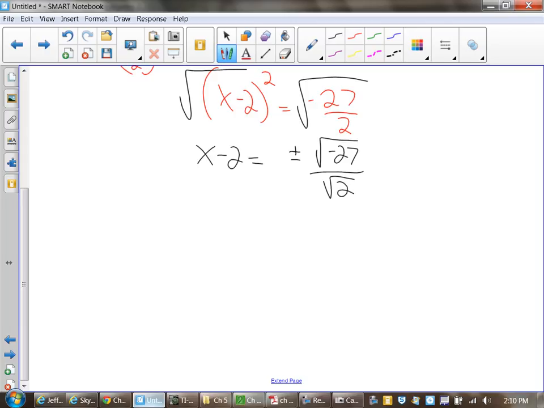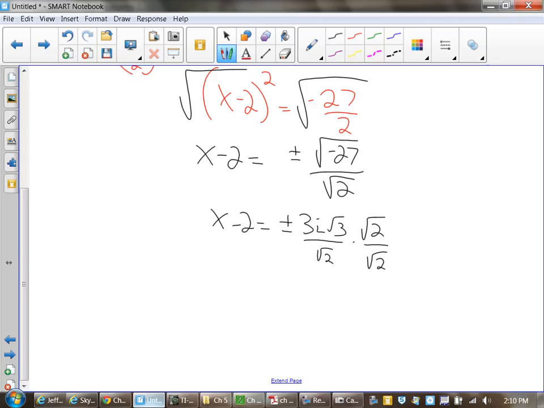Good. So now I'm down to x minus 2 equals plus or minus 3i root 3 over the square root of 2. Now I'm going to get rid of the radical in the denominator. To get rid of the radical within the denominator, I multiply the top and the bottom by that radical.